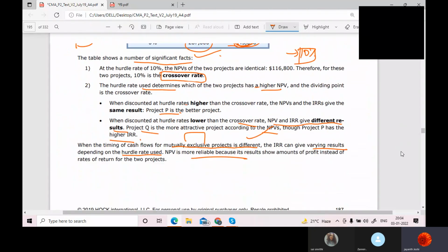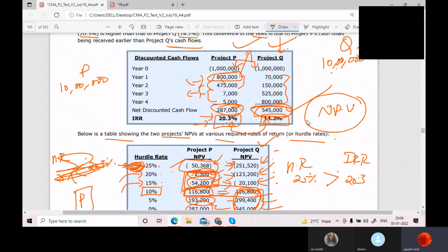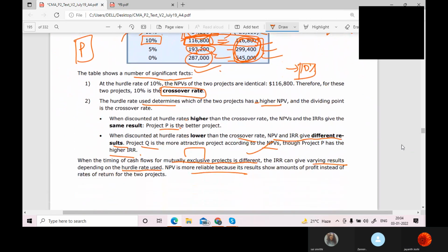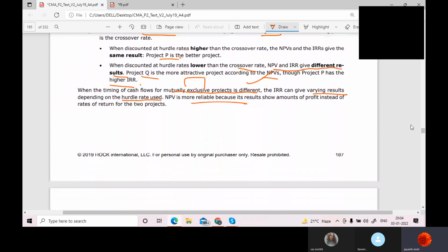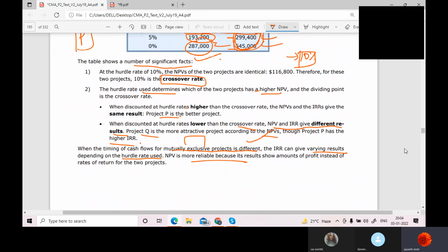The problem getting created here is, since we have two different results of IRR, even though we have made an investment of equal amount and we have two different NPVs, we are not able to decide which one to finalize. But at the end of the day, the project with the higher NPV is the only one acceptable. So that is what they're saying. You trust more in your NPV rule.